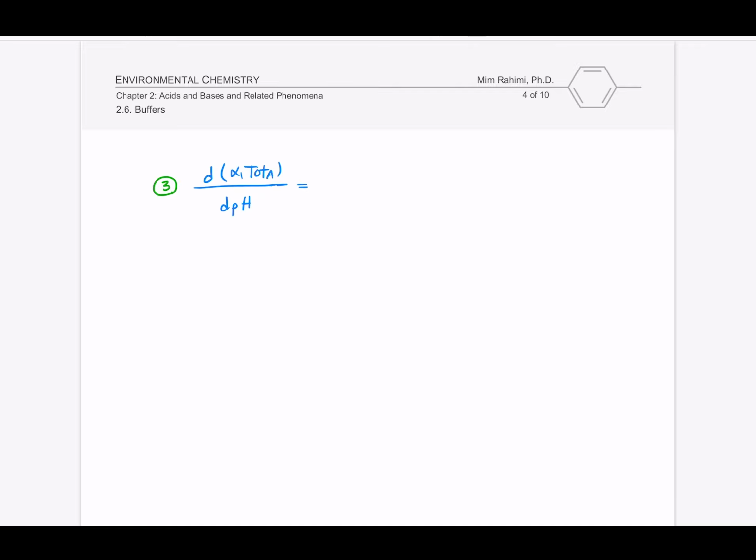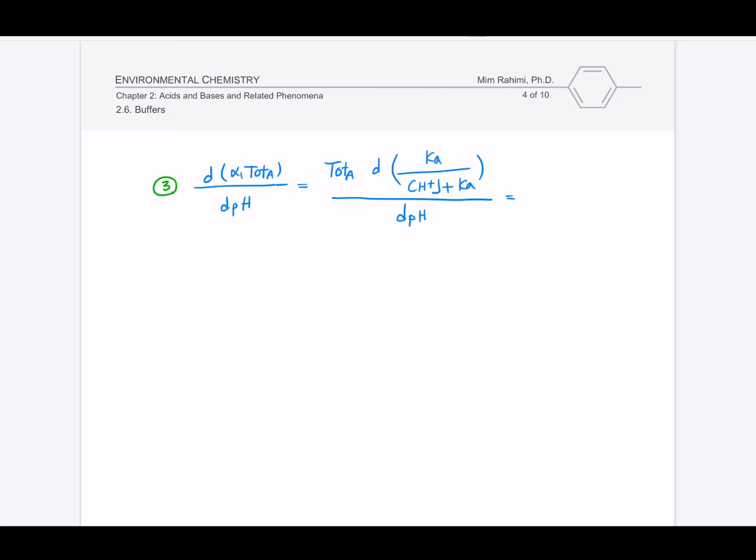We can bring out total A. And then this would be d of Ka over H plus Ka. So you start seeing the factors that we talked about, pH, Ka or pKa, and also the total A. So it's here and here, divided by dpH.